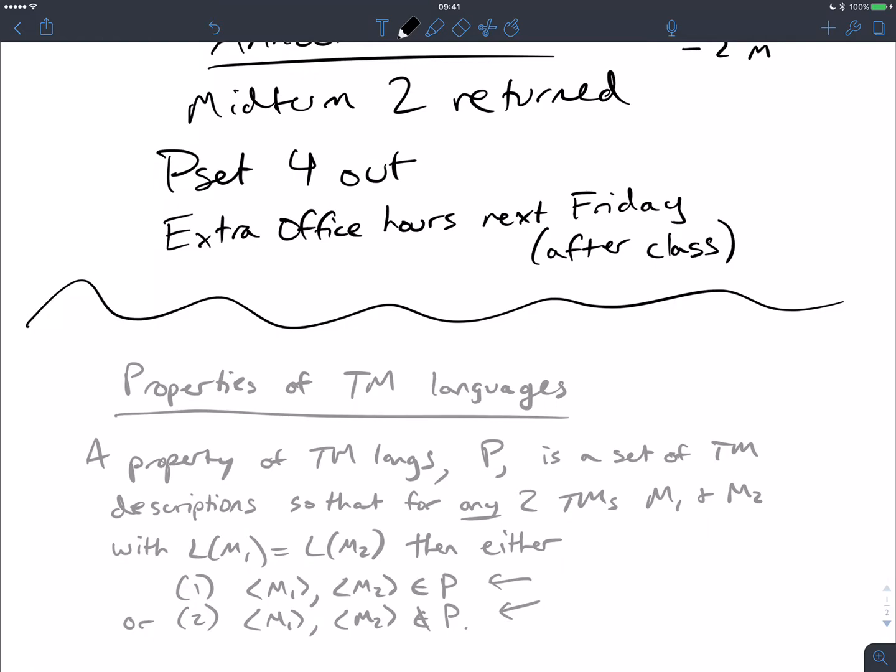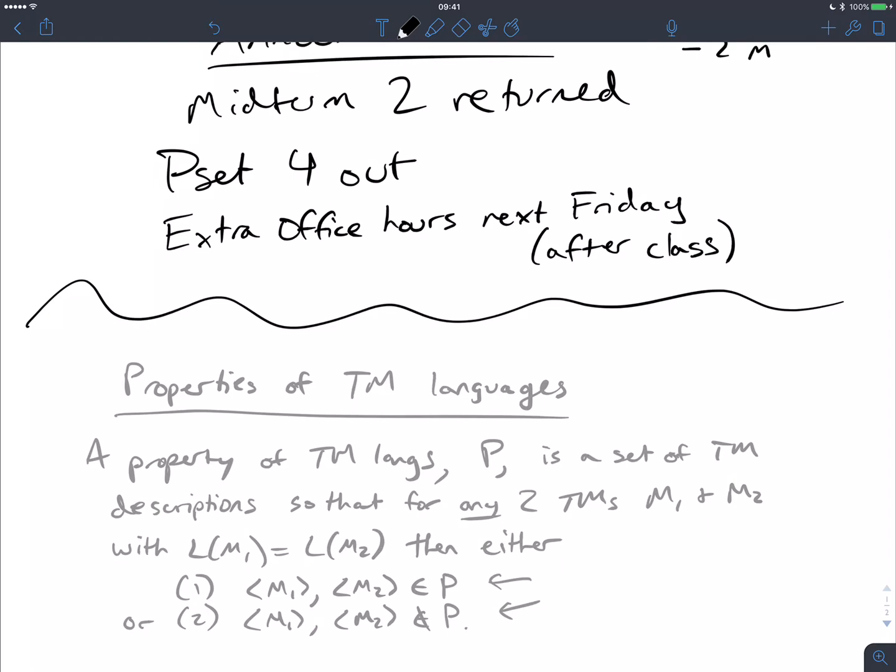We won't make a blunder like that, but it would have to be a trivial property, in the case that either every Turing machine has that property or none do. So there's a little difference here. Is it a property of the language of Turing machines or a property of Turing machines? If it's a property of the language, then it would have to be trivial, because Rice's theorem says every non-trivial property is undecidable.